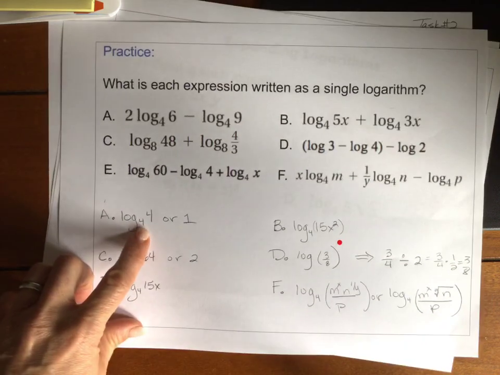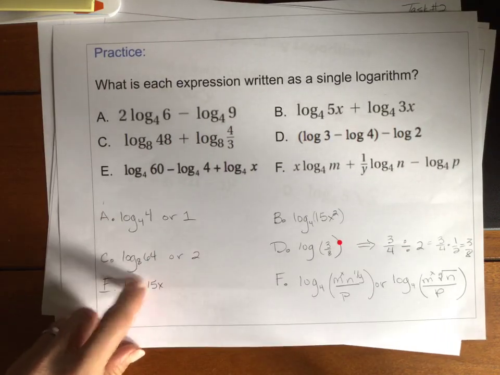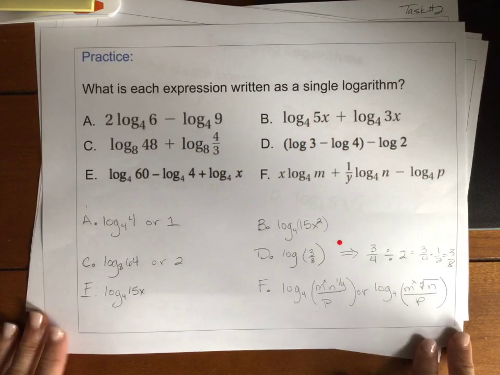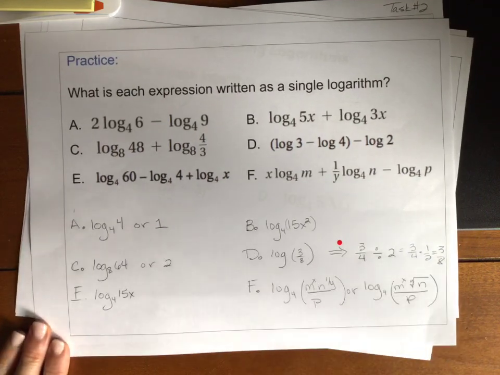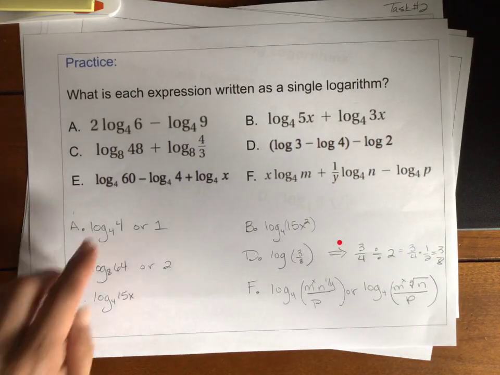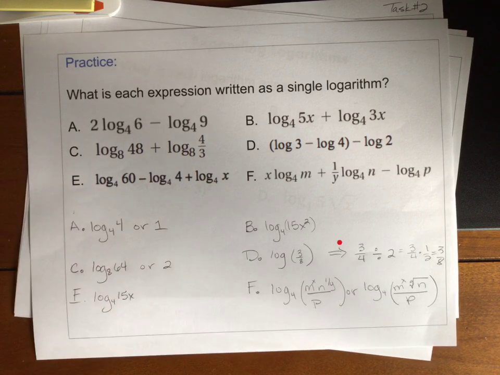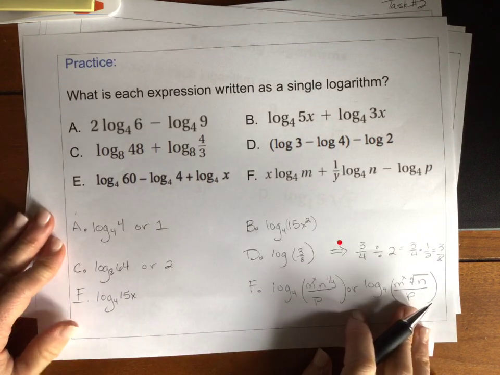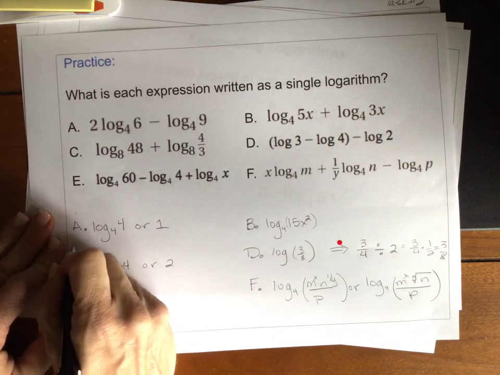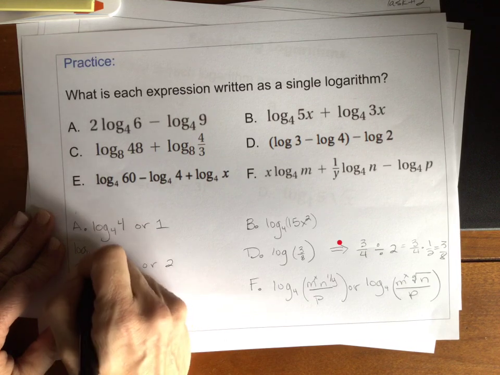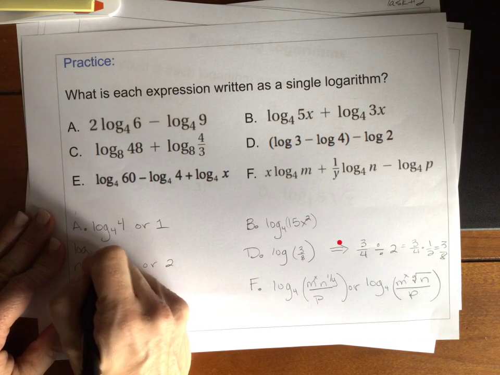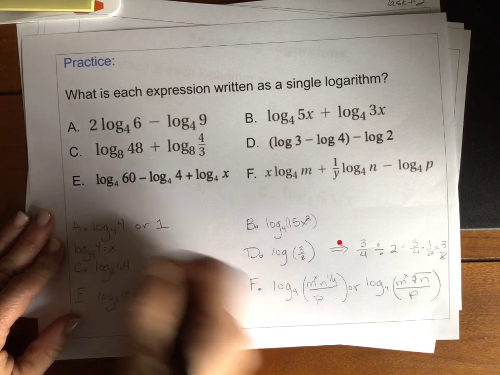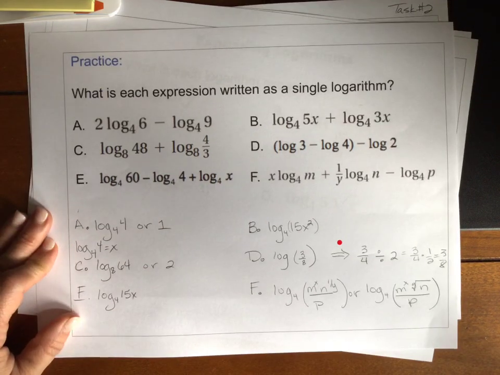But I want to talk about this one here, and it leads to this one and some other problems you might see in your task associated with this. Log base 4 of 4. Why did I put that it was 1? Well, if I rewrote this in exponential terms, this is like when we evaluated in the previous section that we learned in the first week of remote learning.